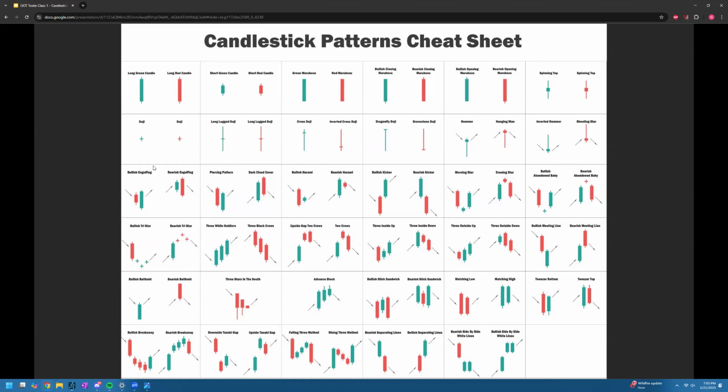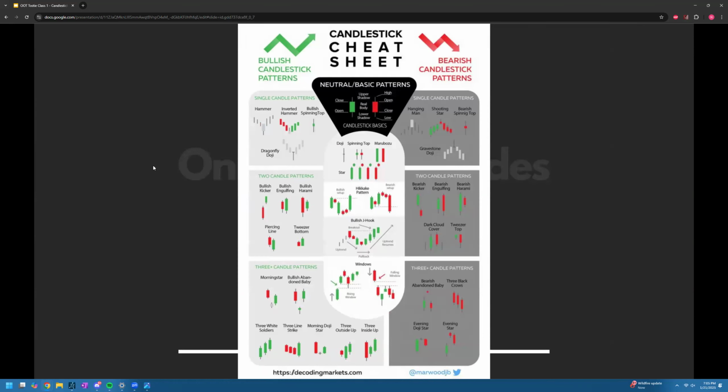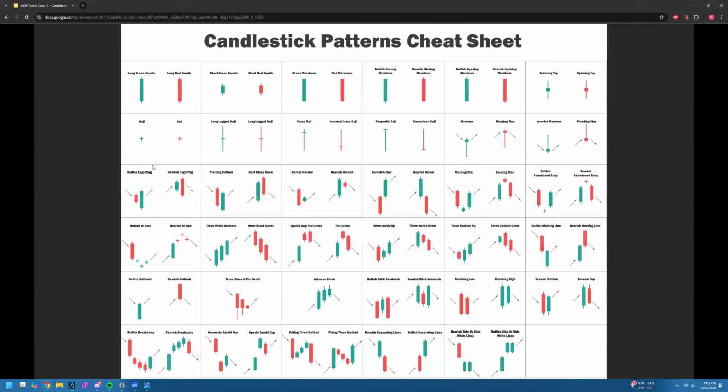I don't have a copy of these, but I'll leave them up right now. If you want to take a screenshot, you can certainly take a screenshot of this one. I'll leave it up for a couple seconds. And then I'll do the same thing with the next cheat sheet. Feel free to take a screenshot if you want this one.